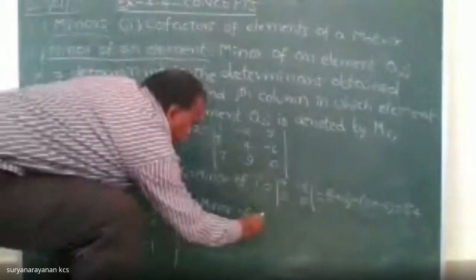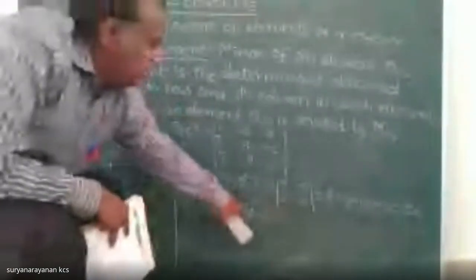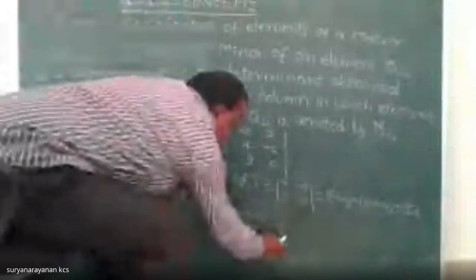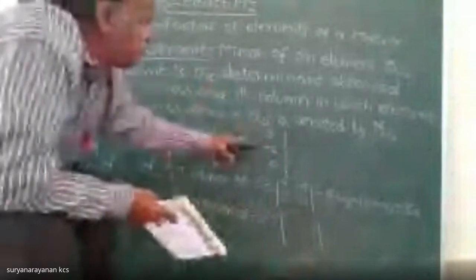Minor of minus 2. What is the position of this element? In which row and which column does this element lie? This lies in the first row. M12 denotes that the element lies in the first row, second column. Close the first row and the second column.